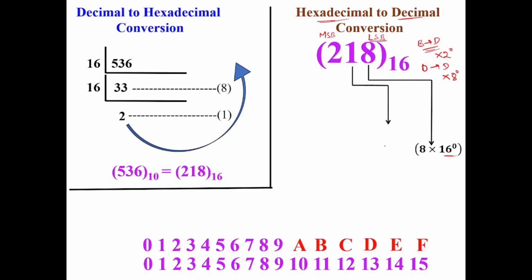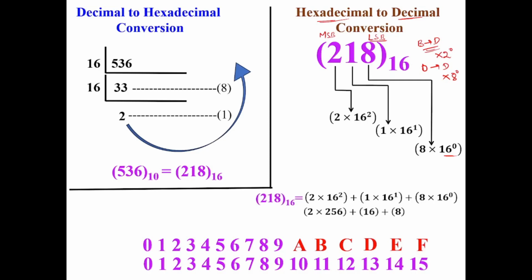Then 1 is multiplied with 16 to the power 1, and 2 is multiplied with 16 to the power 2. Now we add these values and we get 536. Hence it is verified that this is the hexadecimal number of this decimal number.